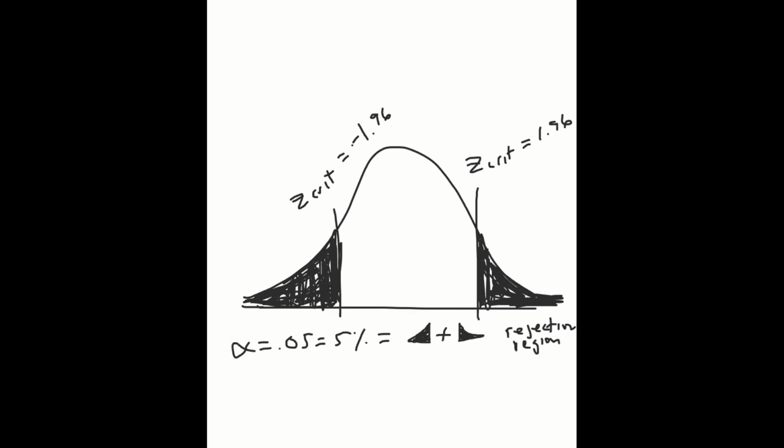Let's say for us, remember we got a difference of 4 and -4, which translated to a Z-score of 2 and -2, correct? So what we'll do is we'll say Z calc equals 2.0.